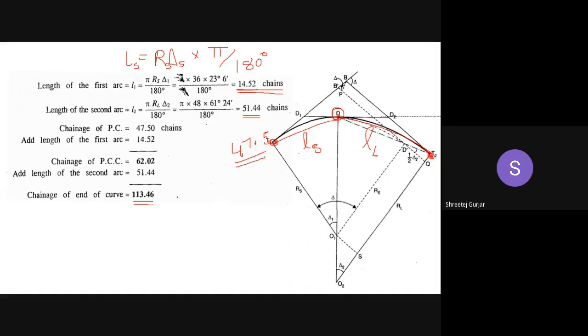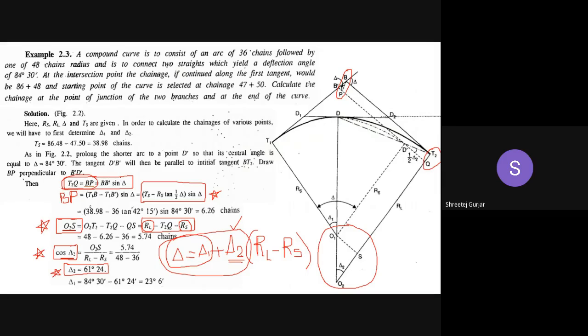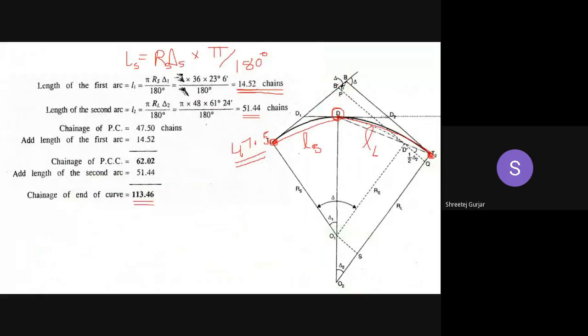So this is the numerical wherein we were told to calculate these three chainages, and we have calculated all these three chainages. The main thing here is you have to remember a few formulas. Depending upon which case your particular numerical is falling under, you have to apply these formulas and calculate all the necessary data. Once you calculate all the necessary data, you can easily substitute and find out the chainages.